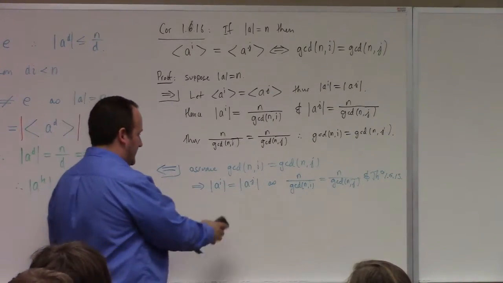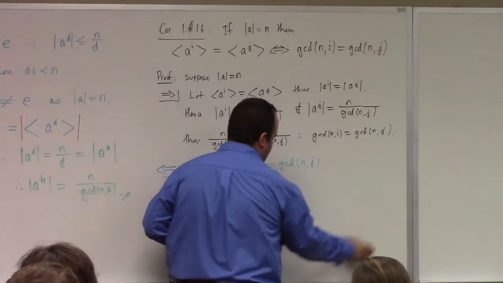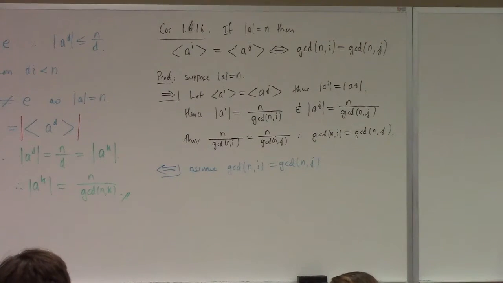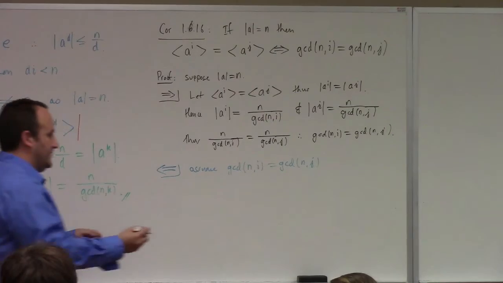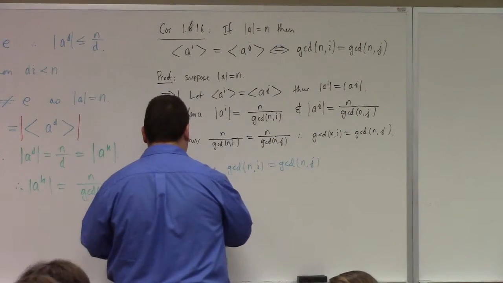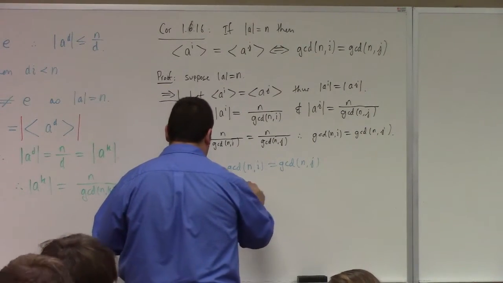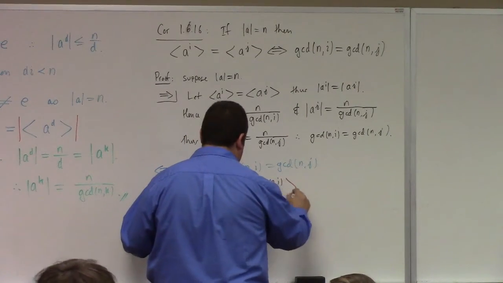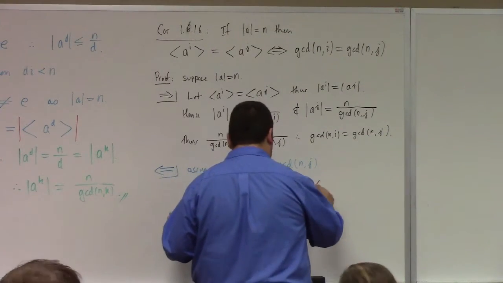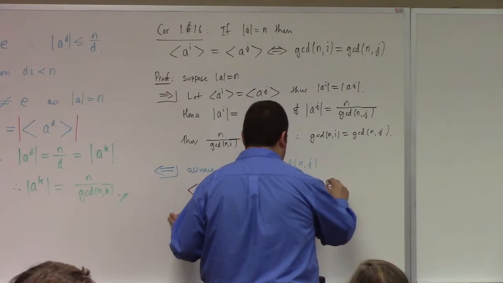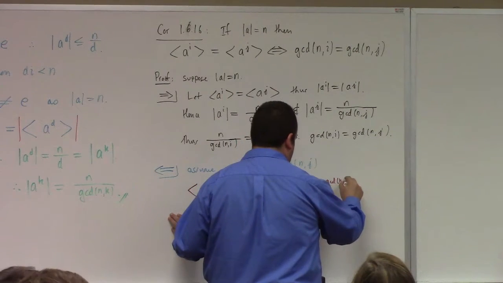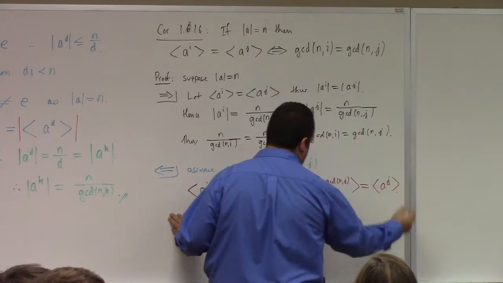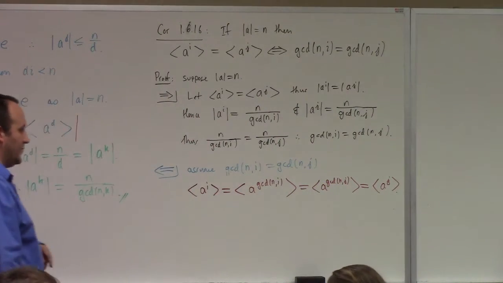Let's just skip that. I need to use the first part of the theorem, right? It's just, duh. So we have, check it out. The subgroup generated by a to the i is equal to the subgroup generated by a to the GCD(n,i), right? But that's equal to, by our assumption, a to the GCD(n,j). Then by the theorem again, this is a to the j, right? Duh. I'm making it more complicated than it needs to be.